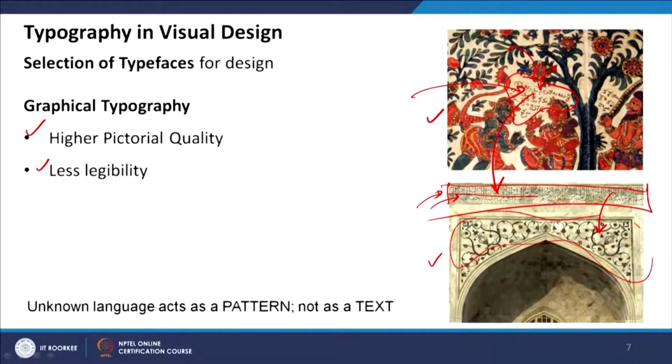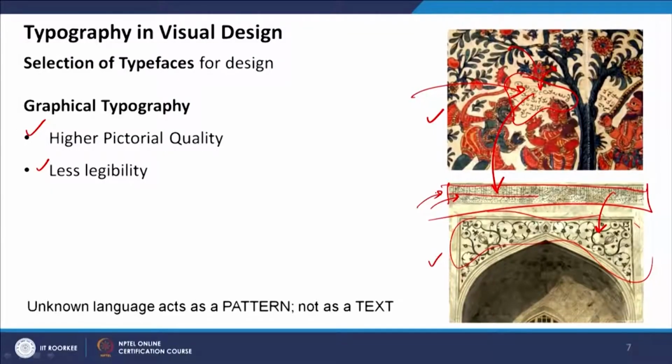And we can also associate a particular style of design with the language and the style of language and the scripture of that particular language. For example, the Urdu style will go with the Saracenic architecture, whereas the Telugu script will go with this kalamkari print.